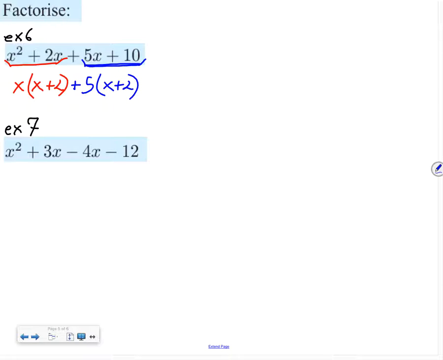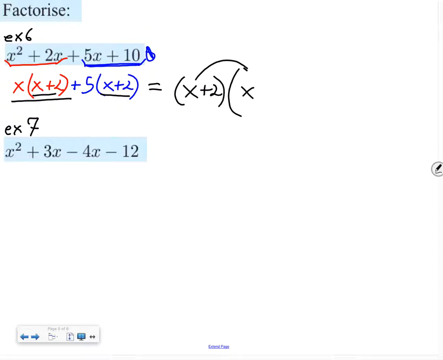So when we're factoring four terms like this, quite often we're going to get two terms after we factor out here that are the same. So again, what we're going to do is factor that out. Okay, and so when I'm thinking about this, x plus 2 times what will give me that term? Well, that's going to be times an x.